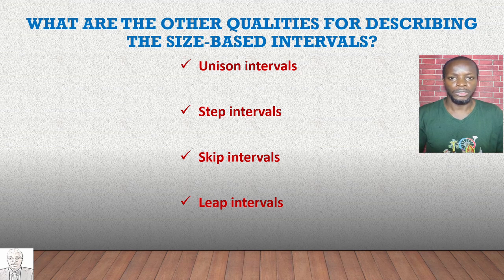If the saxophonist pitches that C, and the trumpeter also pitches the same C at the same time, you call that a unison interval. So that is unison interval.